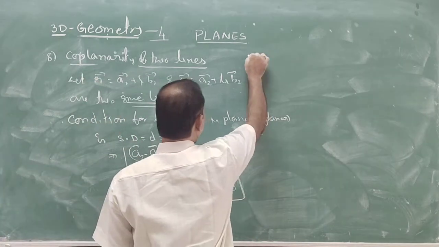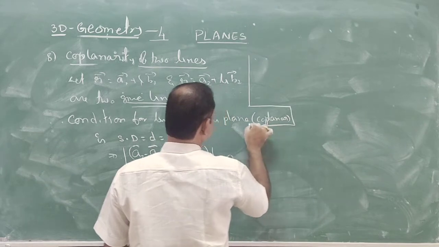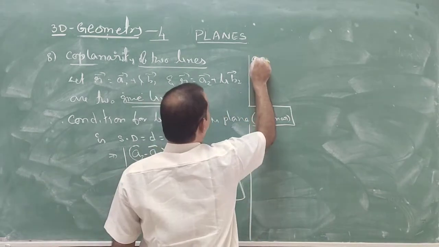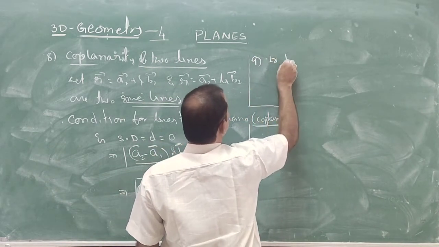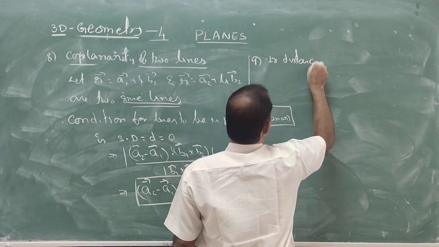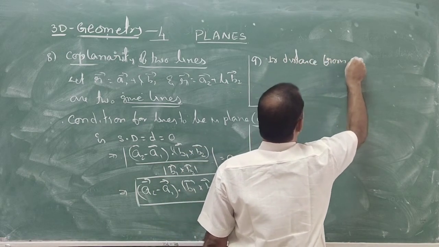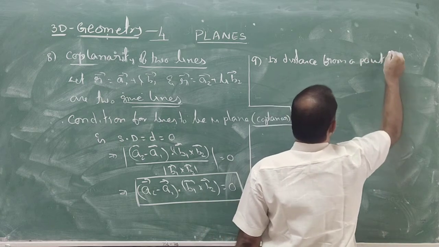Next, the ninth one, that is the perpendicular distance from a point.